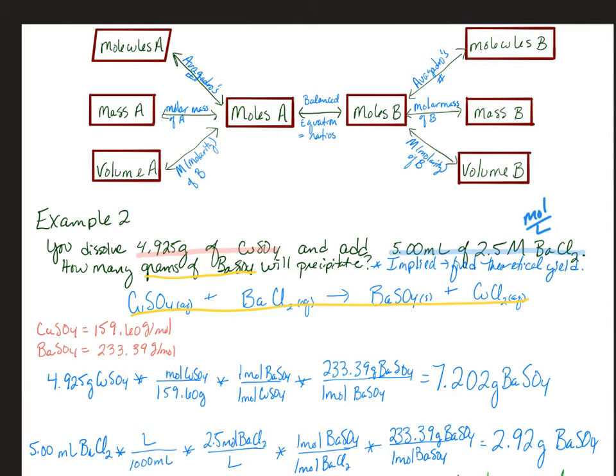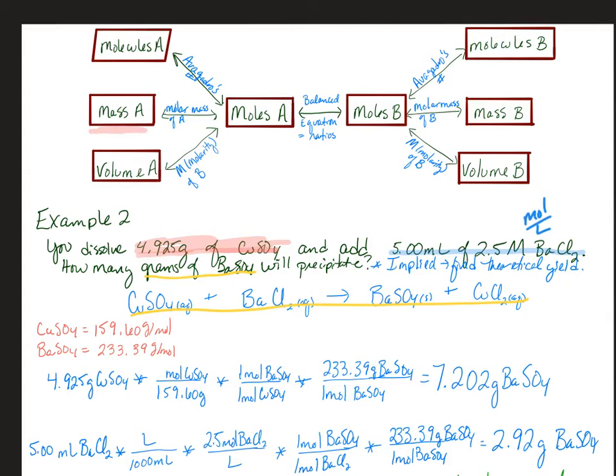So since we already have a balanced equation in this case, I'm going to start by highlighting sort of where on our map we are starting and where we need to go. So if I consider CuSO4 as A, I'm starting with grams. So I'm starting with the mass right here.